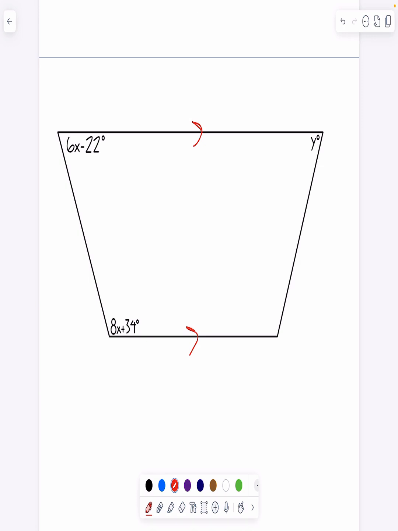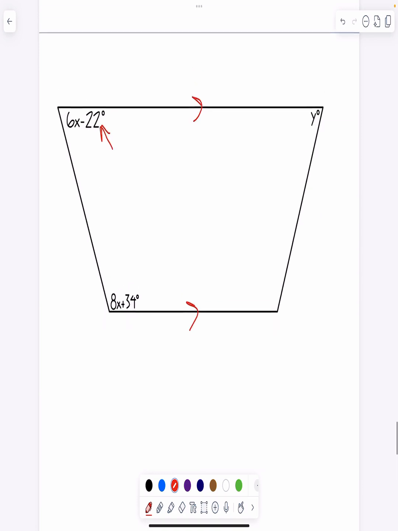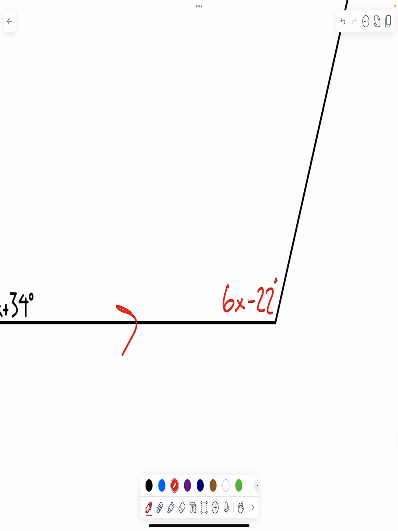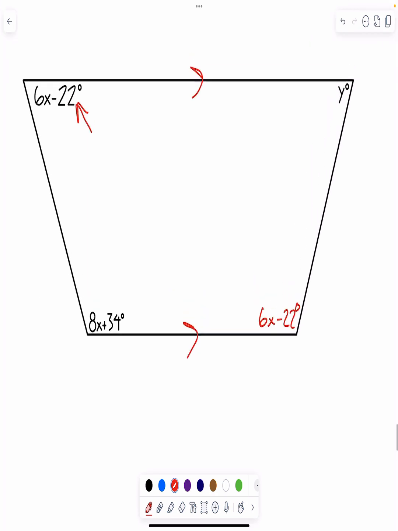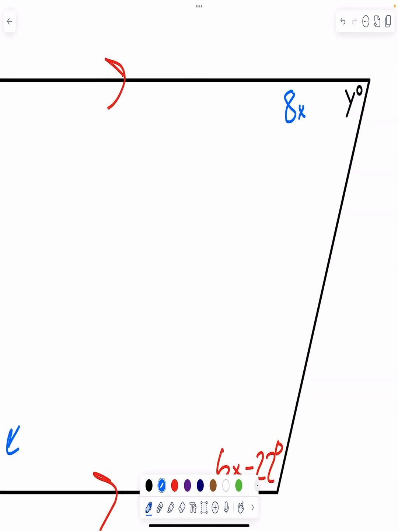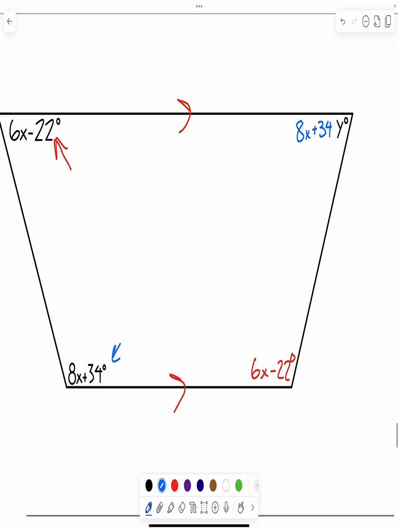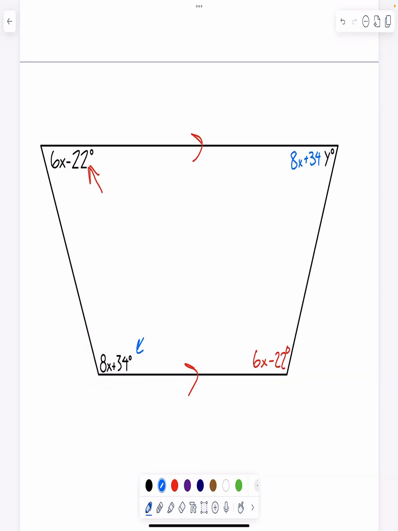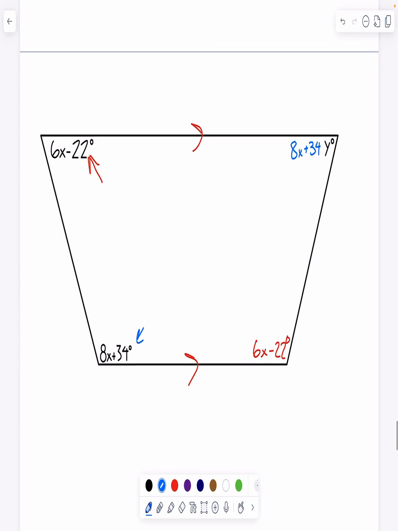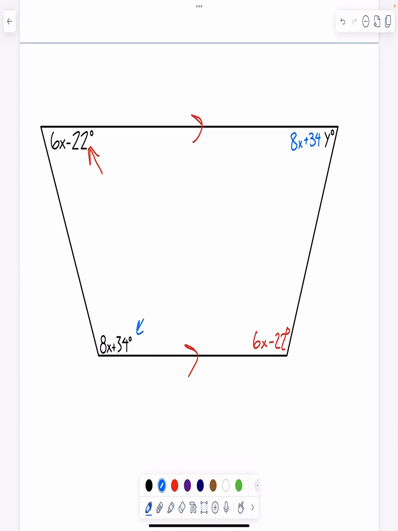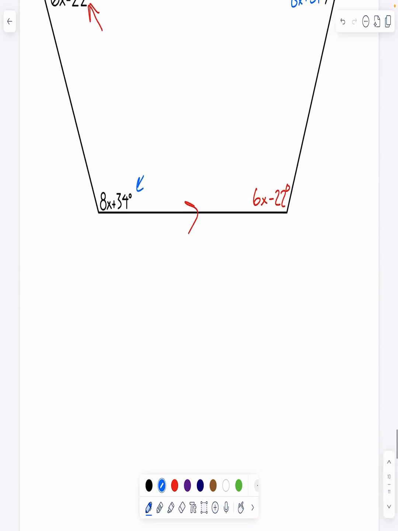So if this is 6x minus 22 degrees, then this must be 6x minus 22 degrees. And if this is 8x plus 34, then this up here should also be 8x plus 34. And so what we can do is add all four of these together to give us 360. Because two of our angles are matching, I can denote that as 2 times a given angle, because that would give me two of the same thing.